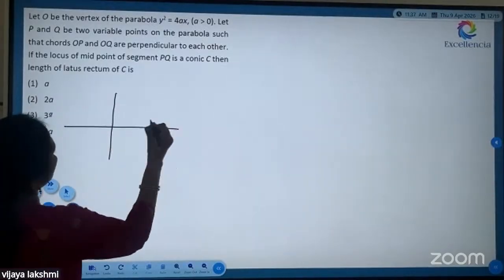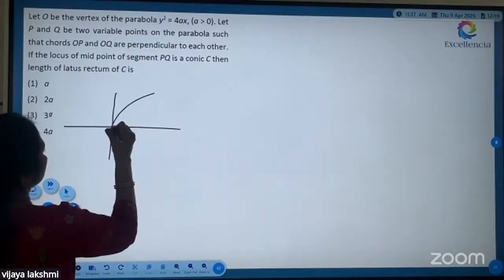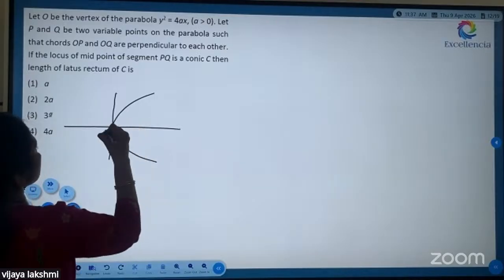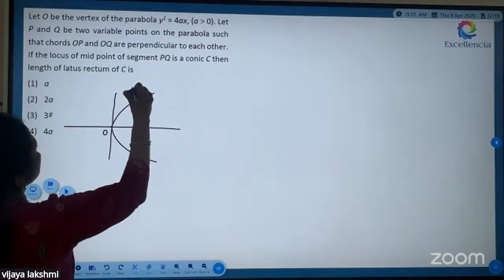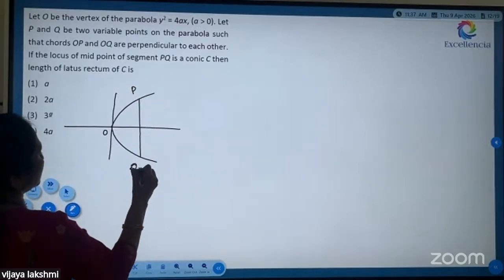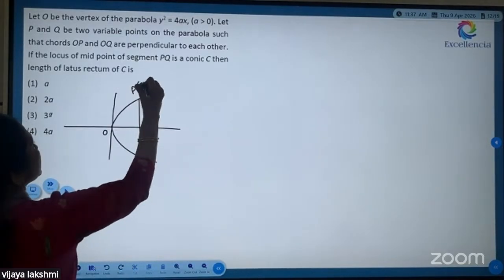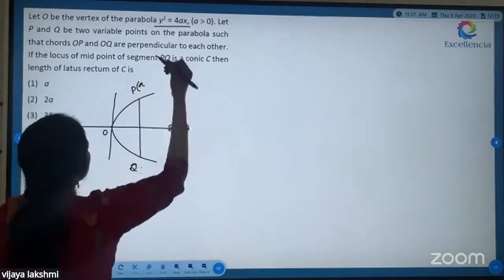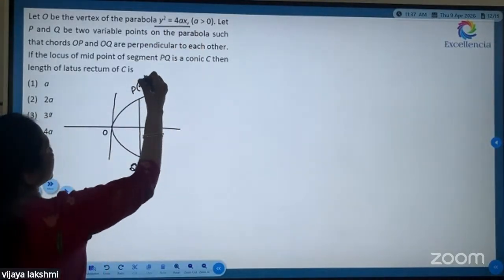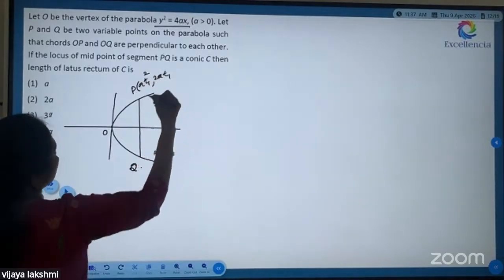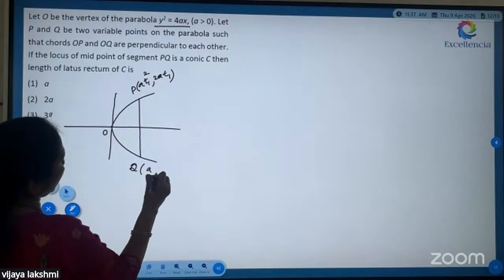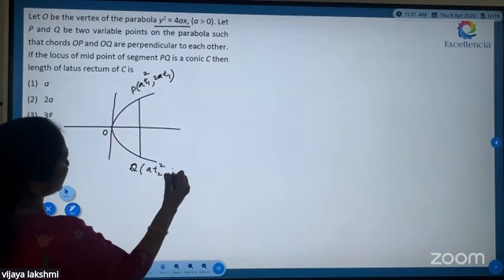Parametric form if you take it, and here we are putting the points P and Q. Parametric form I'm considering because of the parameter given, square root of 48. That's why I'm writing P as a t1 square comma 2a t1, Q is a t2 square comma 2a t2.